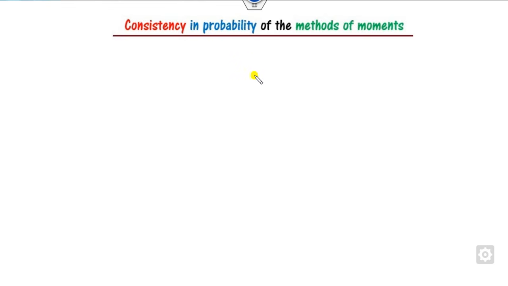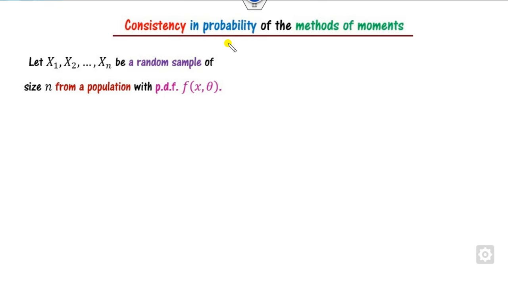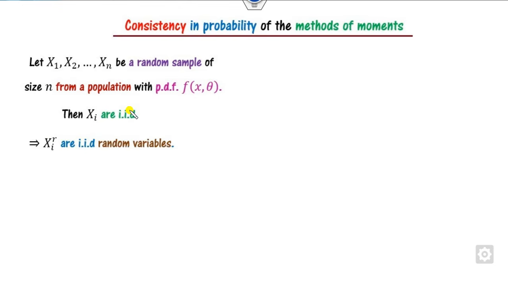What is the consistency of these parameters? Whether the method of moments is a consistent estimator or not, that's very simple. Again, if you know these are my xi's, which are the random samples, what is the meaning of this random sample? It means they are my IID. Once each of the xi is IID, then these are also IID, that's clear cut. So which theorem is applicable when you consider the IID? That is nothing but my weak law of large numbers.